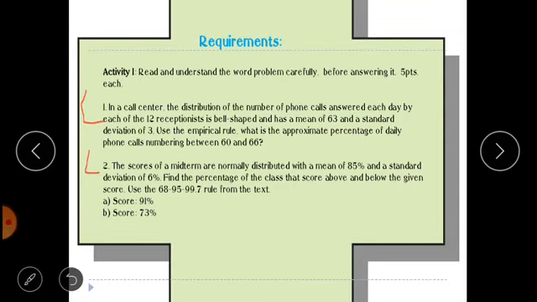Basahing mabuti, wag dire-diretsong magsagot. Sagot kayo ng sagot na hindi nyo pala naintindihan yung instruction or yung sinasabi nung problem. Okay, so basahing mabuti bago sagutan. 5 points each. Kapag nasagutan, pakisubmit agad sa school para sa susunod na requirements.